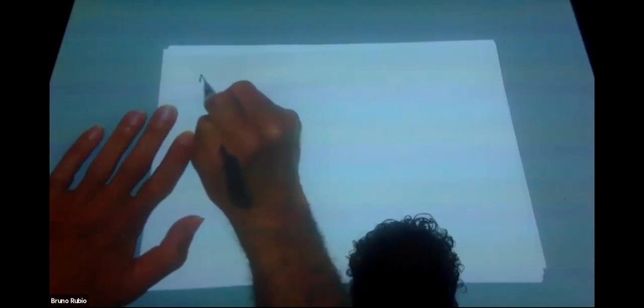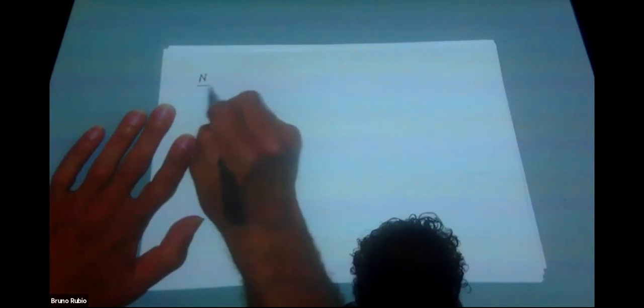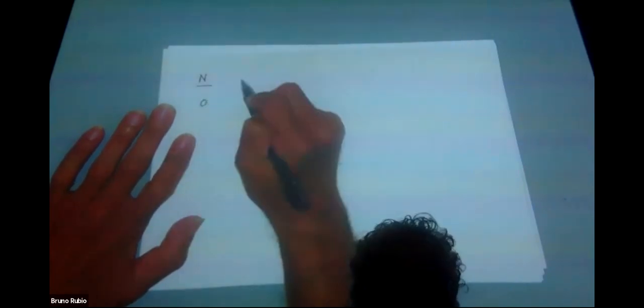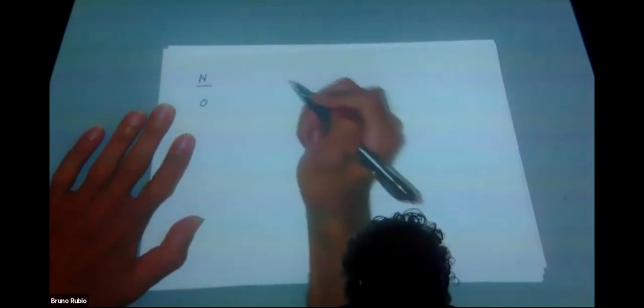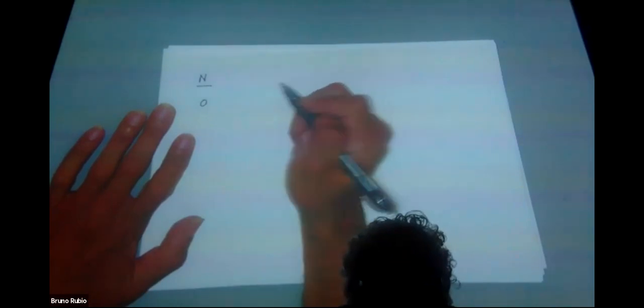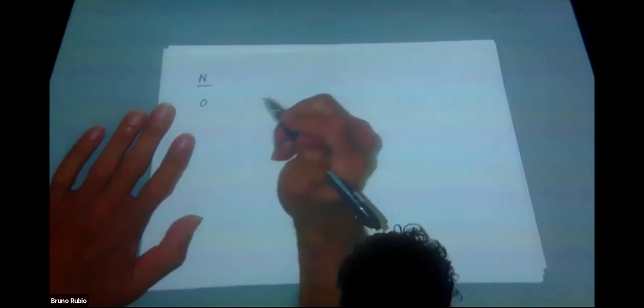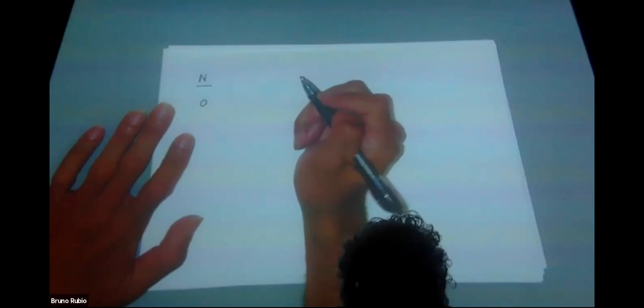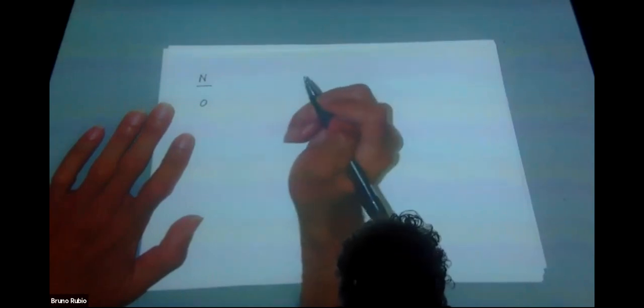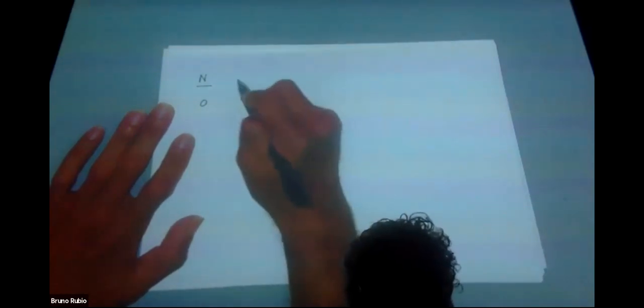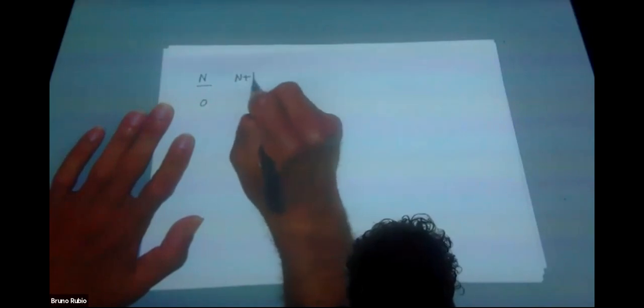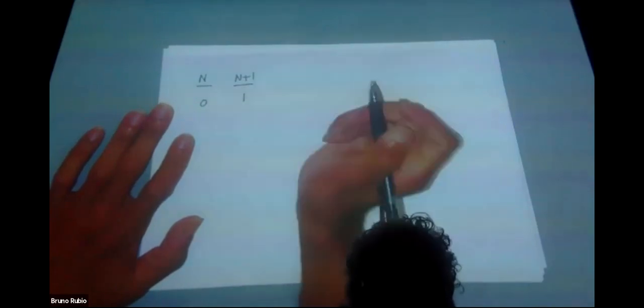Let's say when N is equal to 0, in other words, the observed proton doesn't have any other proton with which it is not equivalent, either 2 or 3 bonds away. N plus 1 is equal to 1.